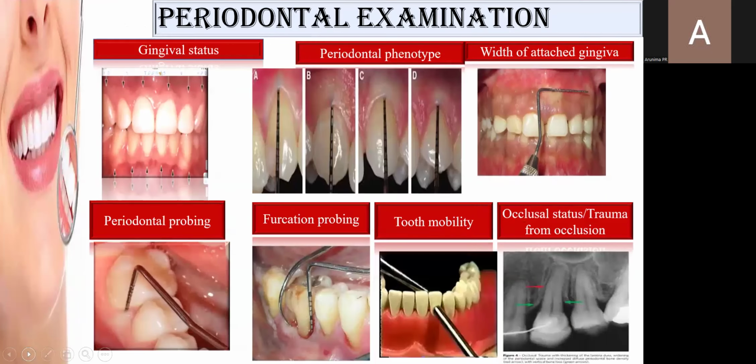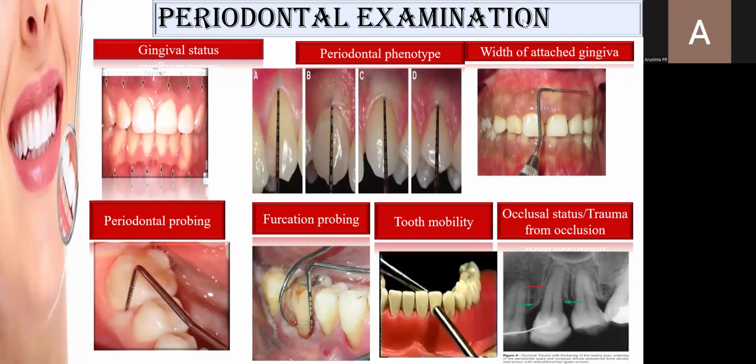Coming to the periodontal examination, from the slide itself the areas you have to focus on are very clear. In the gingival examination, as I mentioned before, you have to check the periodontal phenotype. Though the term is a little new for undergraduates, it is nothing but the gingival thickness, whether thin or thick, which is very important for the treatment aspect, especially the surgical aspect.